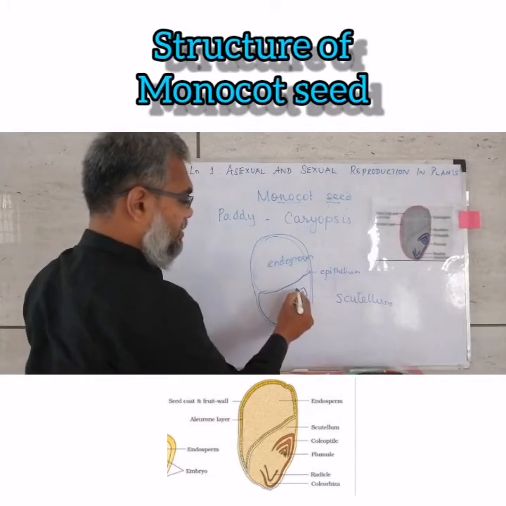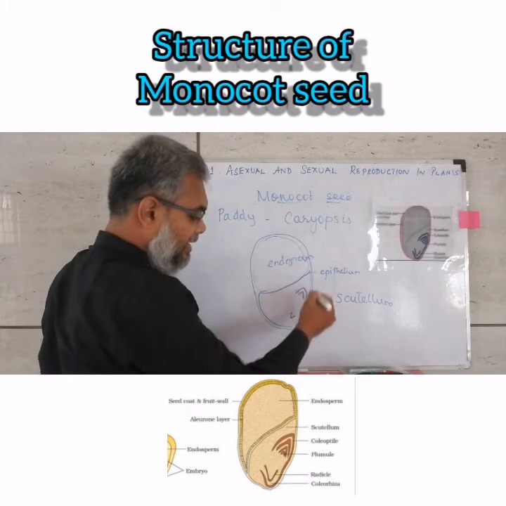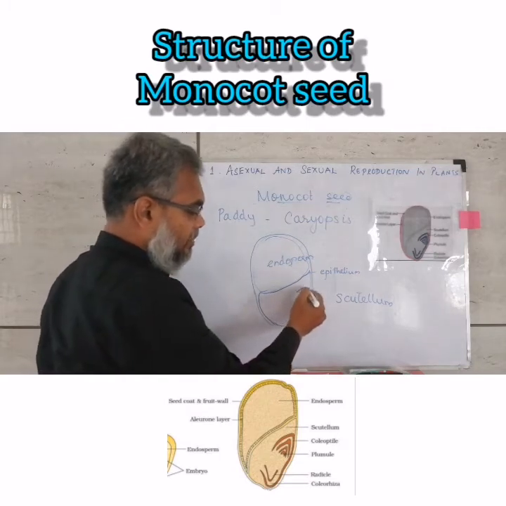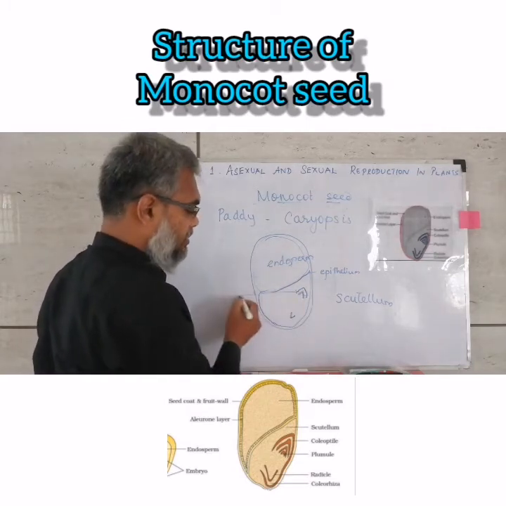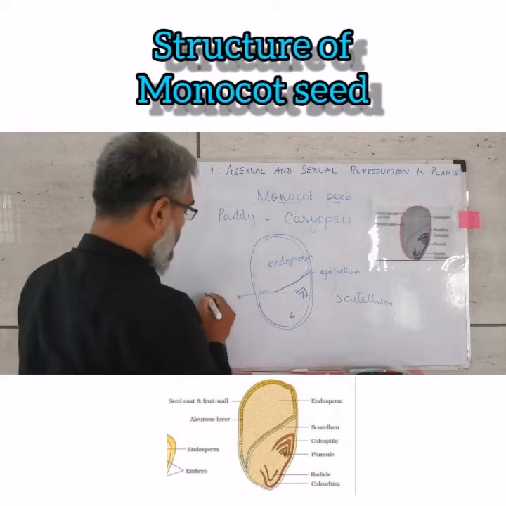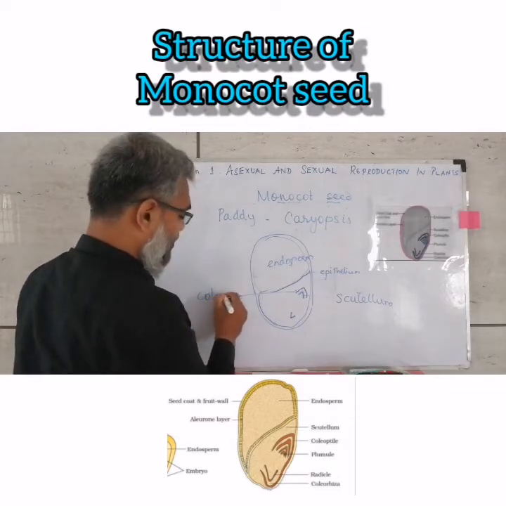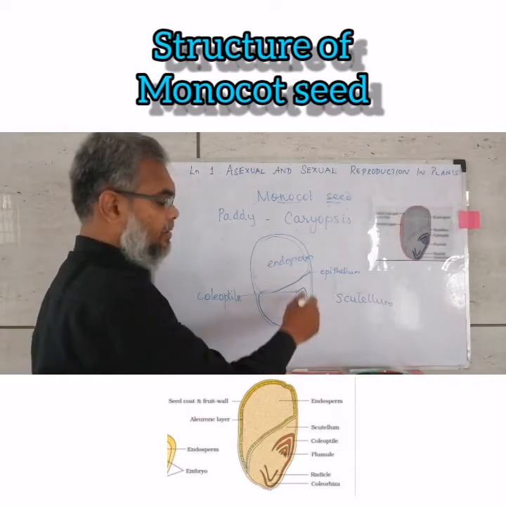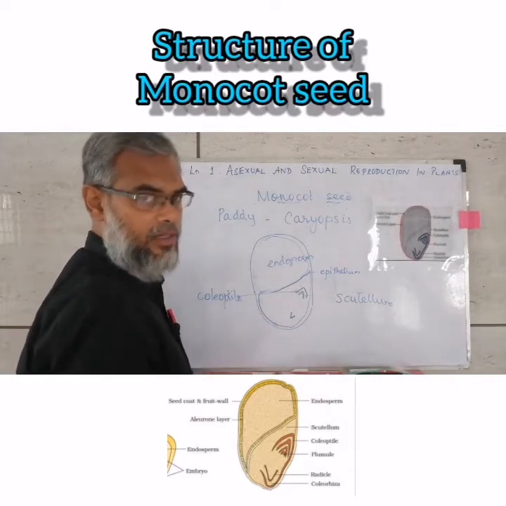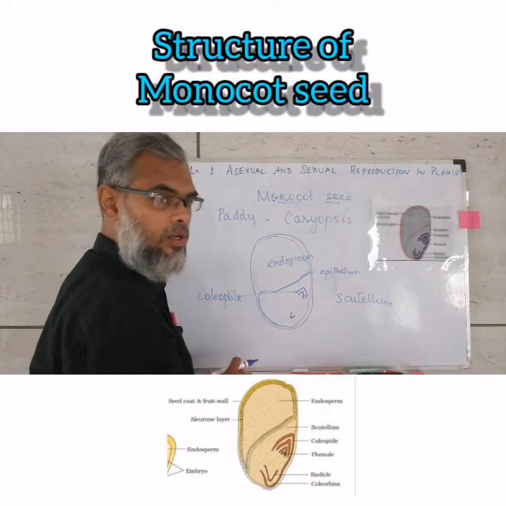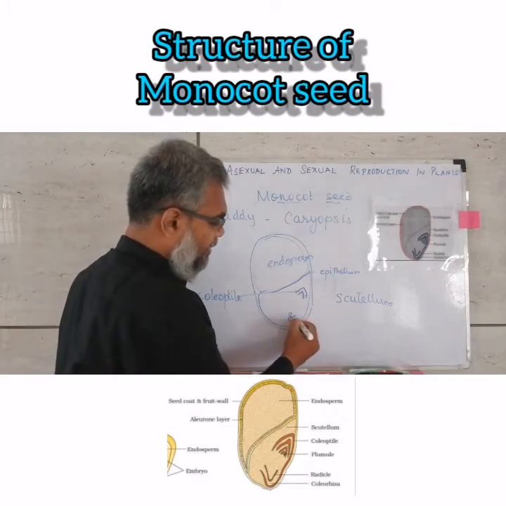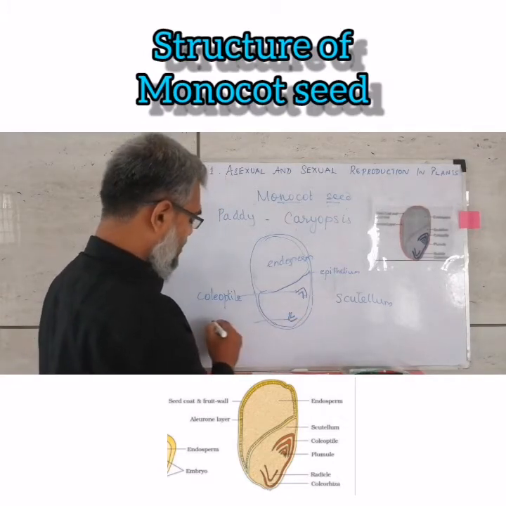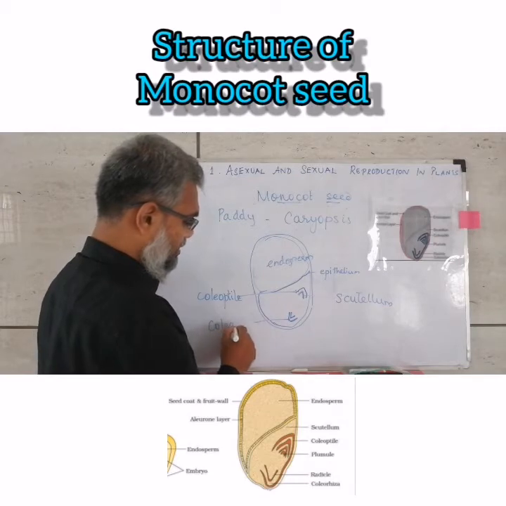The plumule is surrounded by a protective sheath called the coleoptile. And what about the radicle then? It is the coleorhiza.